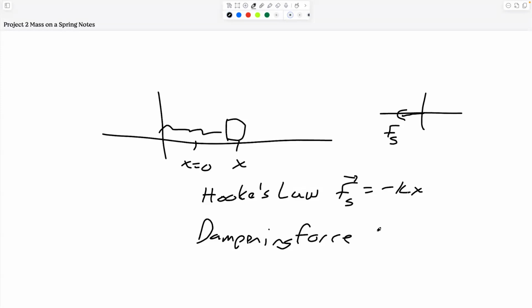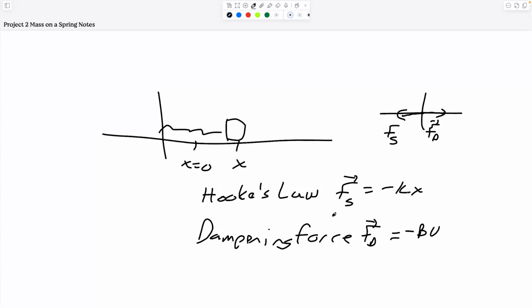The dampening force, let's call it maybe FD for dampening, is proportional to your velocity and points in the opposite direction of velocity. So if you're moving to the left, it would push to the right. So this is negative some beta V. So that would push back this way.